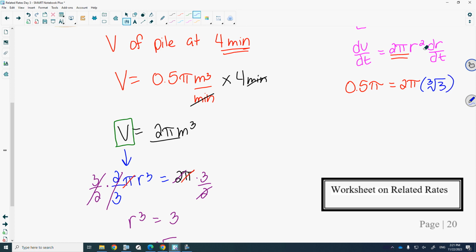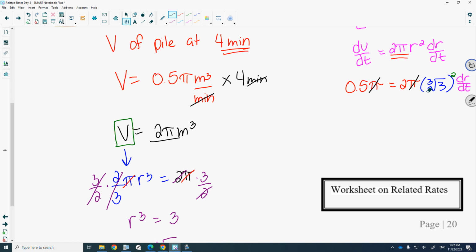And then I'm trying to find dr/dt. That guy needs to be squared. Okay, so from here, a pi and a pi will cancel. So cancel those. And I need to get this by itself.